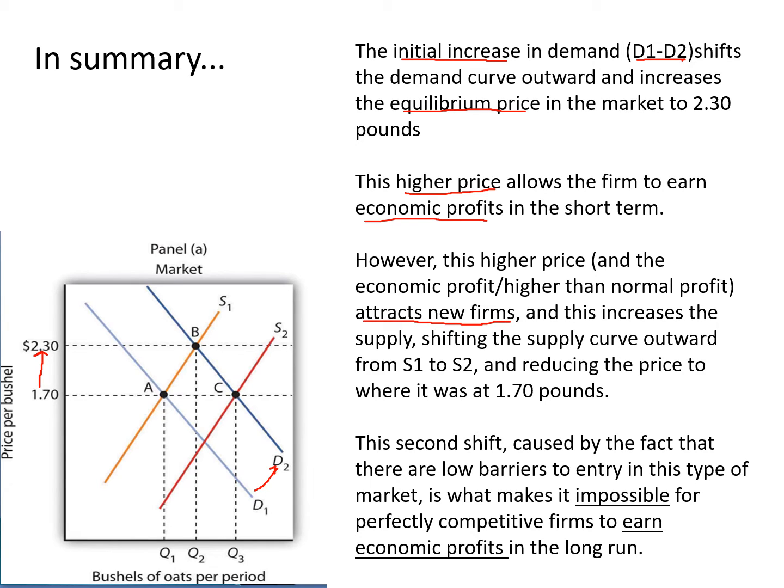These new firms entering the marketplace will cause a shift in the supply curve from S1 to S2. Okay, and this shift in the supply curve will lead to a new equilibrium, here at C, reducing the equilibrium price back down to 1.7 again, removing the economic profit.